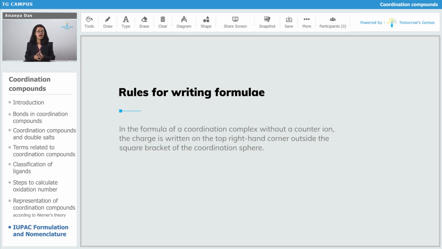The next and the last rule is that for the formula of a coordination complex without a counter ion, in which there is nothing present outside, the charge is written on the top right hand corner outside the square bracket. So this complex has a charge of 3 positive, so it's written on the top right hand corner outside the square bracket.